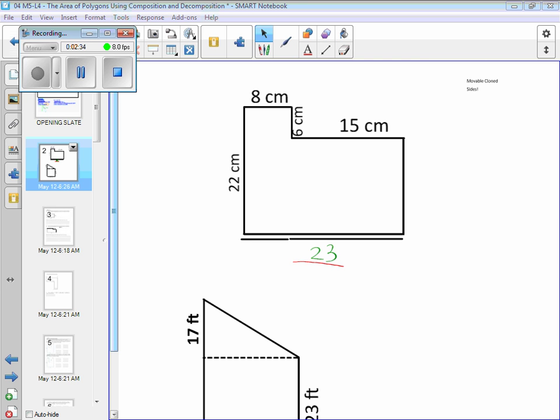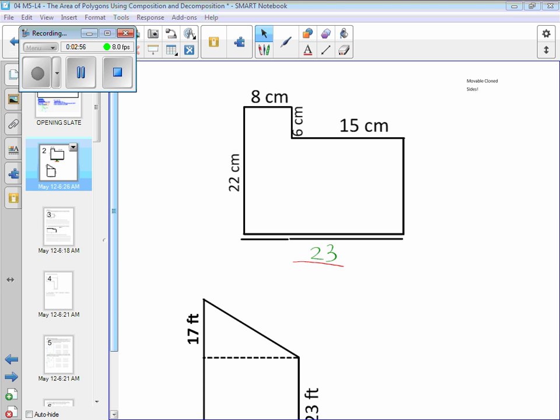What about this piece? It's kind of the same thing, but you're working in reverse. Foz, what do you think? Okay, so we have this entire left side, which is 22, and you have to figure out what just this piece is here.